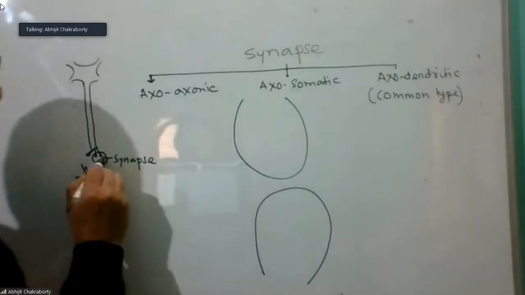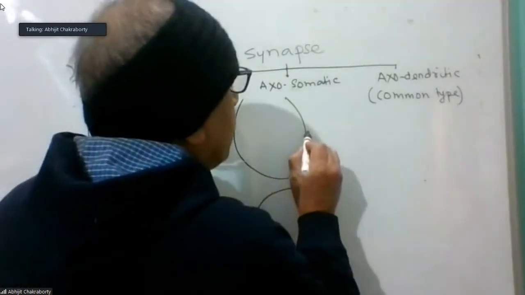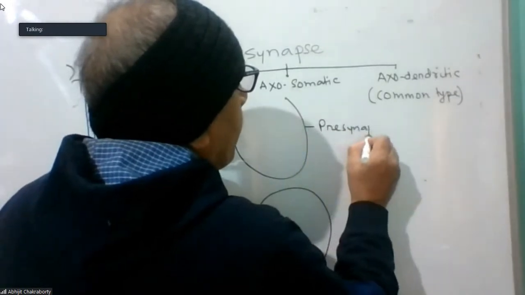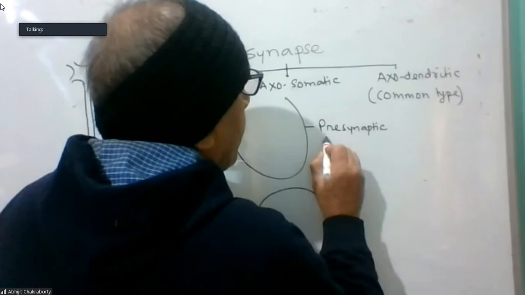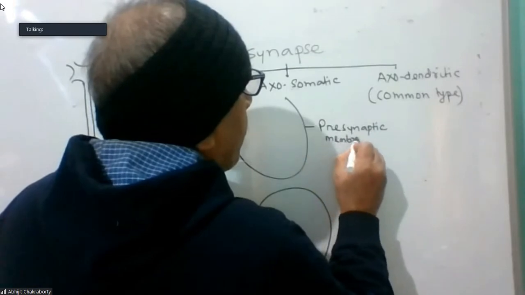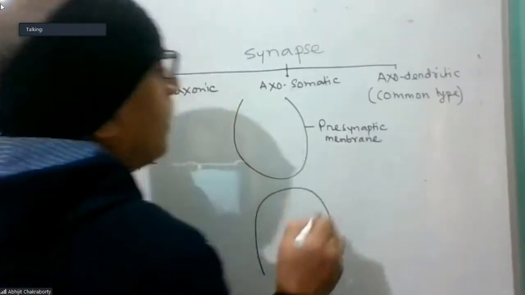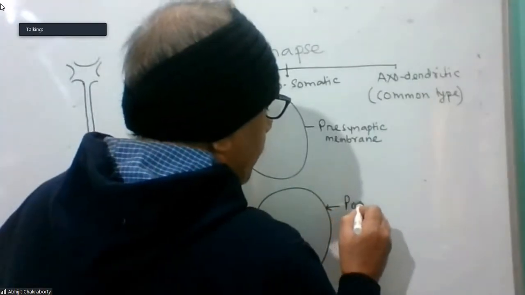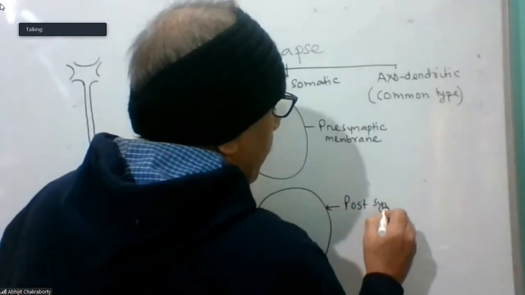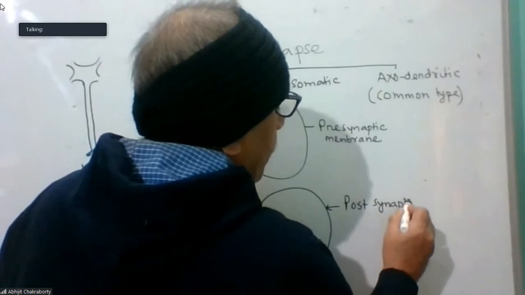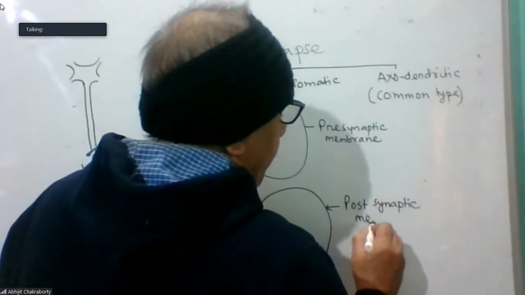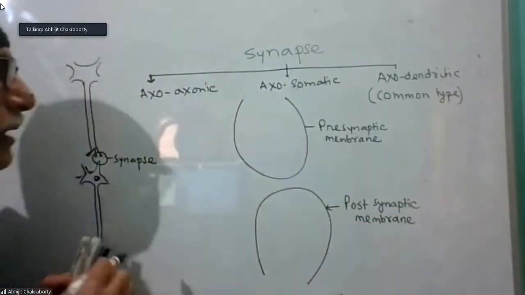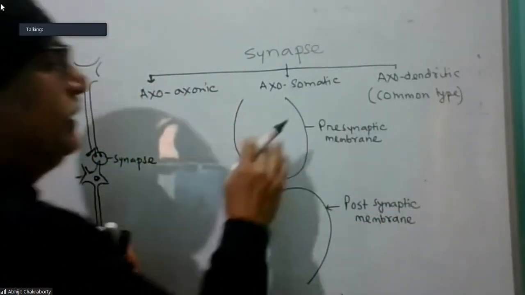And here, this is the axon part, which is called the presynaptic membrane. The postsynaptic membrane is the dendron part.